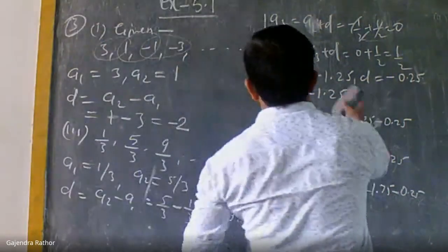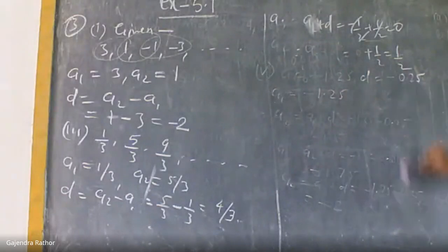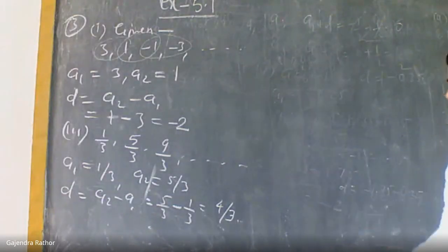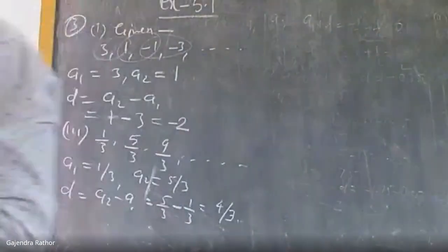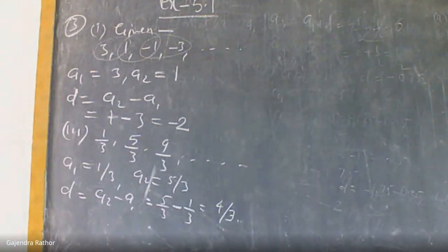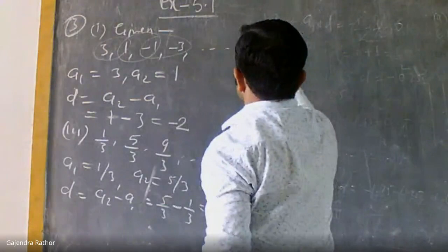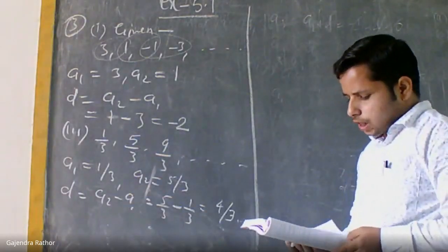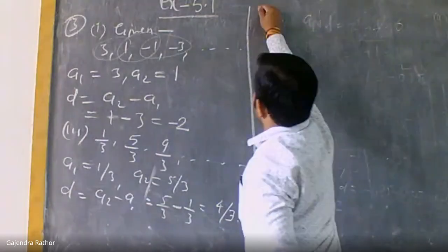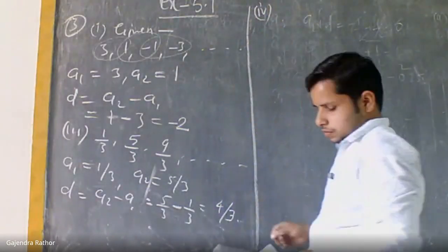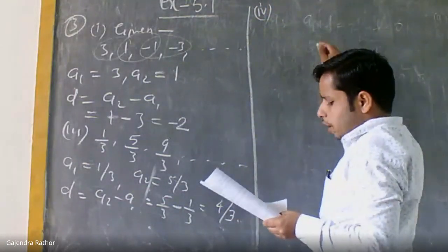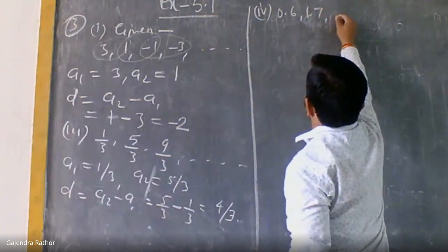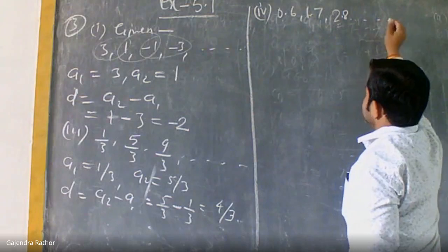So let's continue. The last point of this question, point number 4. The AP is 0.6, 1.7 and 2.8.